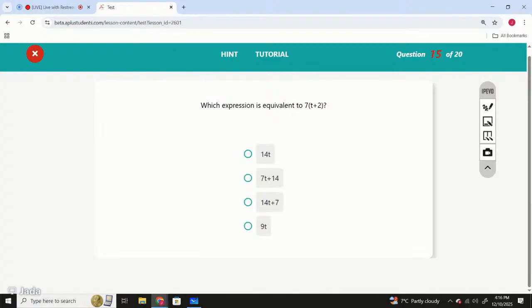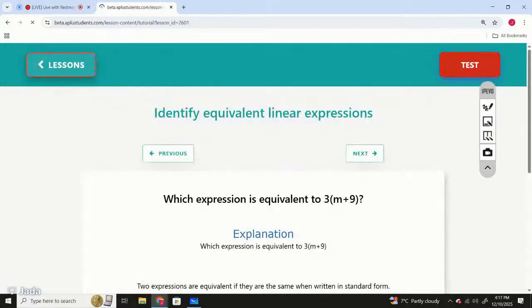That is 7t plus 14. Option number 2 is the correct option. Okay, you can complete the lesson by yourself later today. Let me move on to the next lesson.